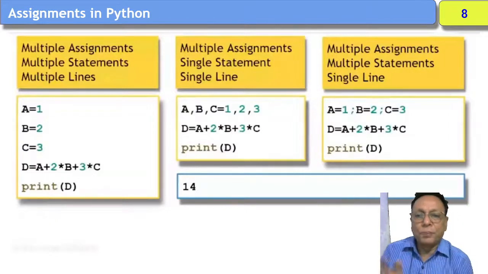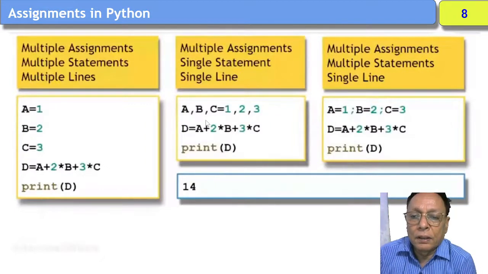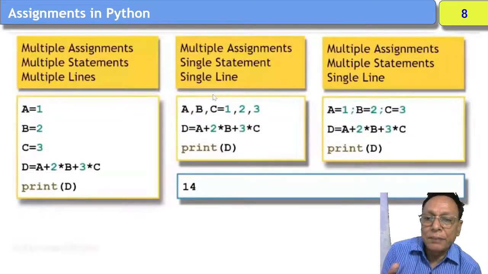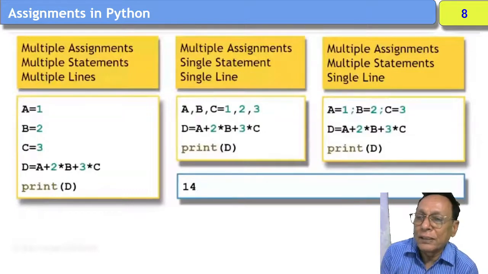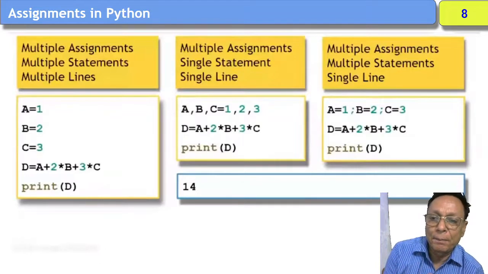But it could be like this also, as we have in this screenshot. Multiple assignments means we are going to assign multiple identifiers to multiple literals. So a comma b comma c is equal to 1 comma 2 comma 3, that is multiple assignments but in a single line.